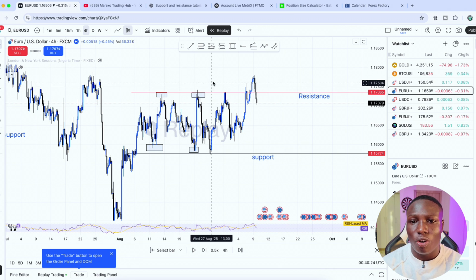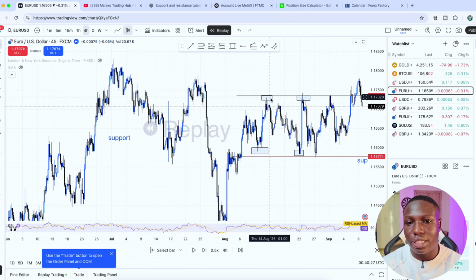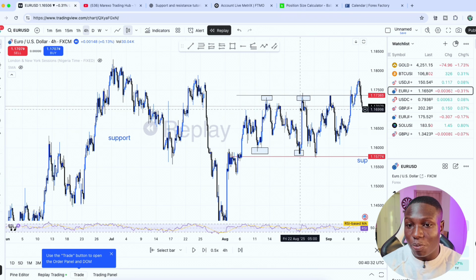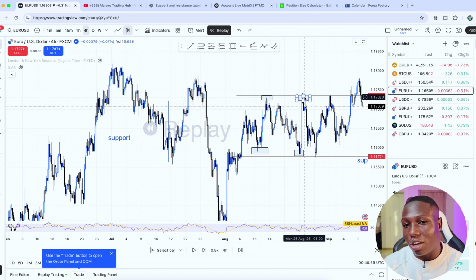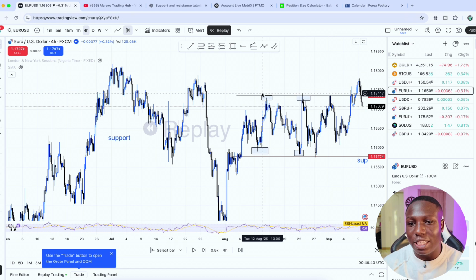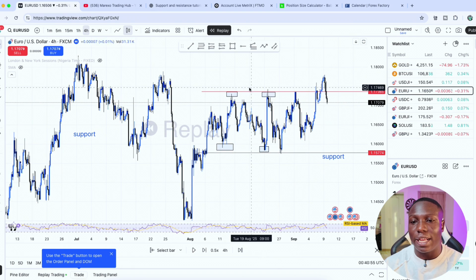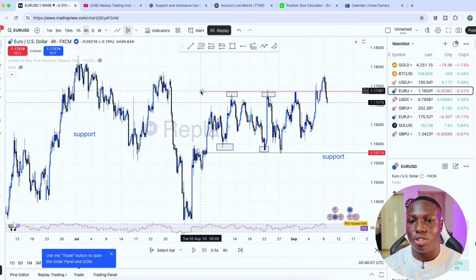So here we can see price came up to this point, went back, came up to this point again, and went back, which means price is reacting to this zone. It just shows there's an invisible zone there, a force that isn't letting price break through that point, and instead of breaking through, price is reversing back to the downside. And with this, I can mark here as my zone.